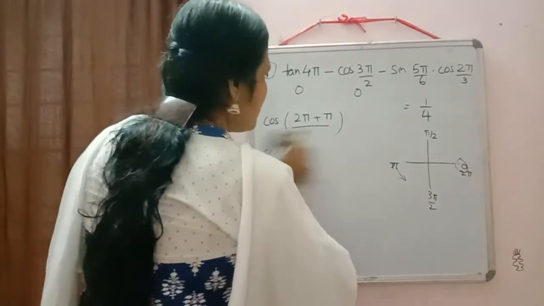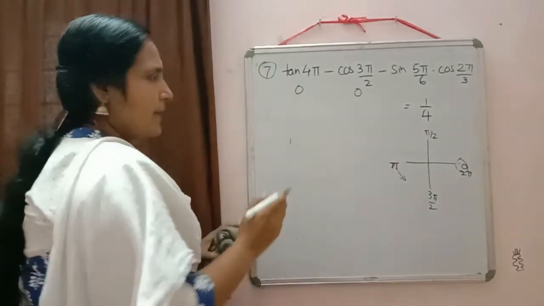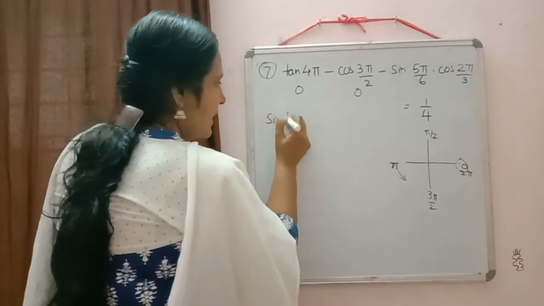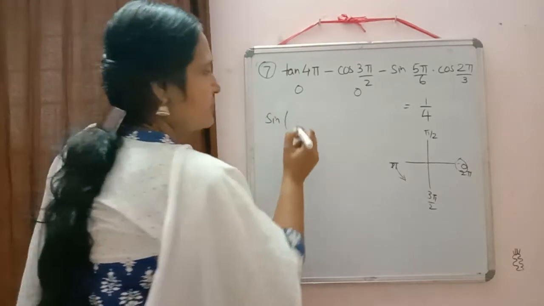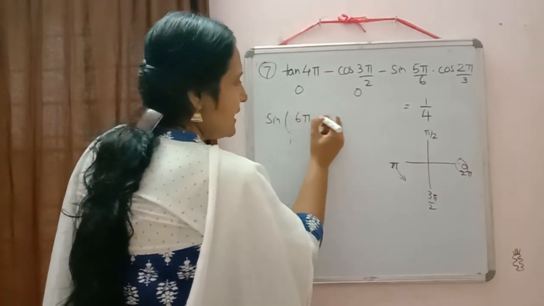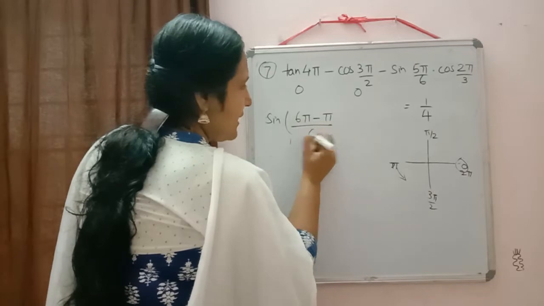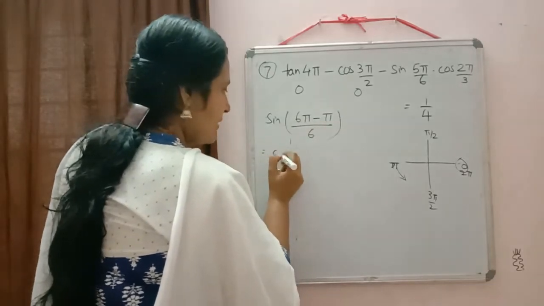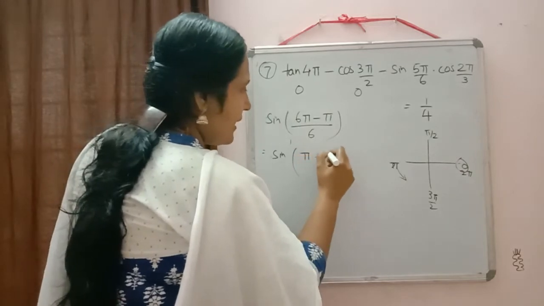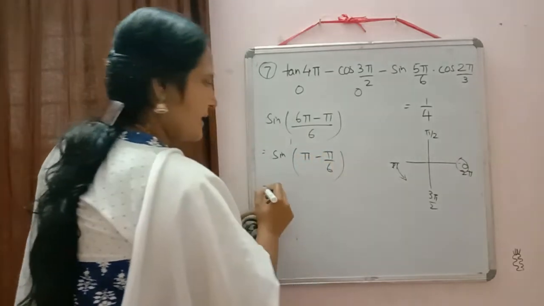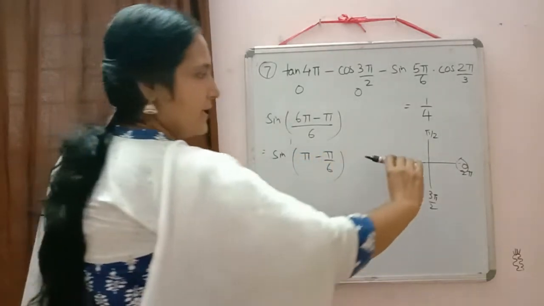Next we have to calculate sine 5 pi by 6. Again, in the multiplication table of 6, 6 is the nearest to 5. So it can be written as 6 pi minus pi by 6. We can write it separately, then it will be equal to pi minus pi by 6. Pi means we are here.